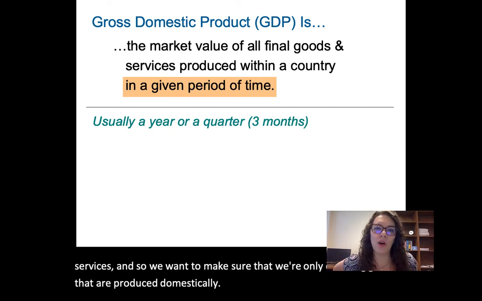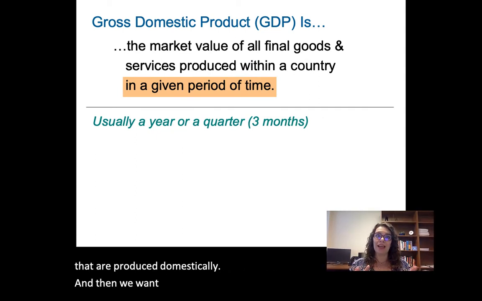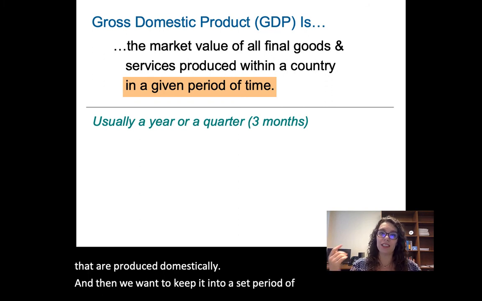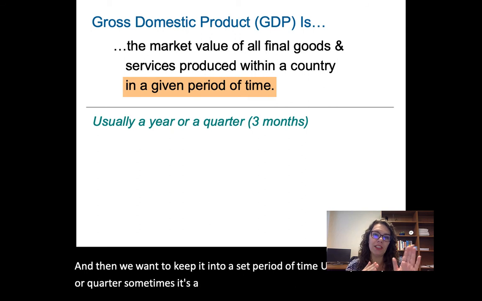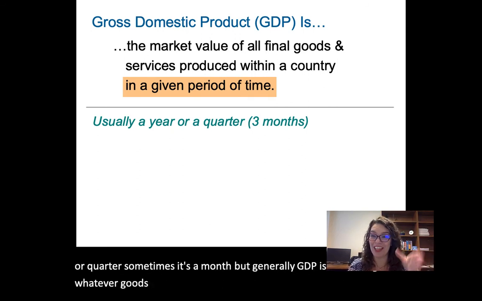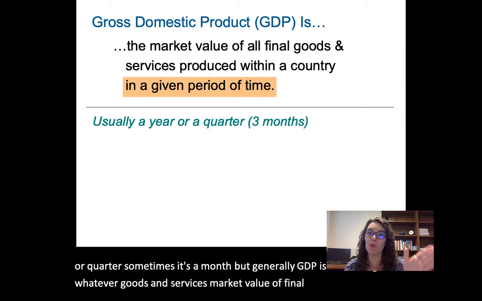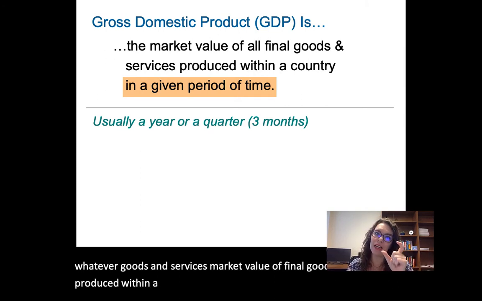And then we want to keep it into a set period of time. Usually it's a year or a quarter, sometimes it's a month, but generally GDP is measuring the market value of final goods and services produced within a country within that set period of time.